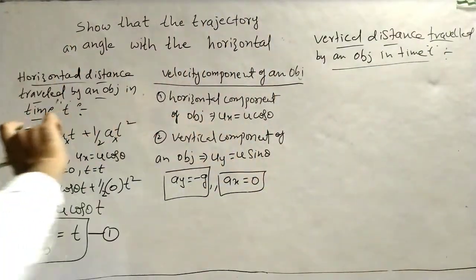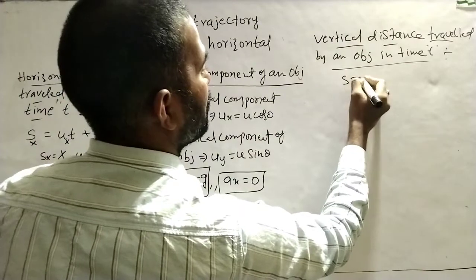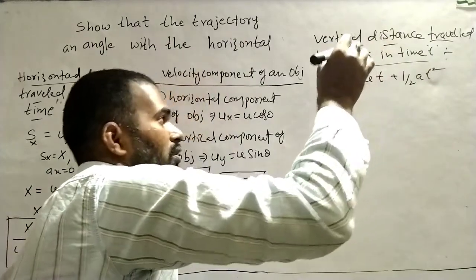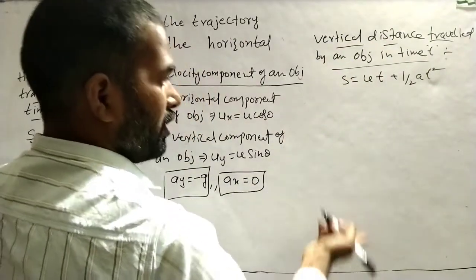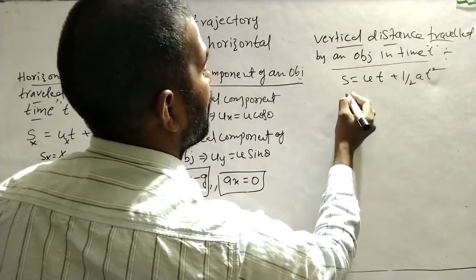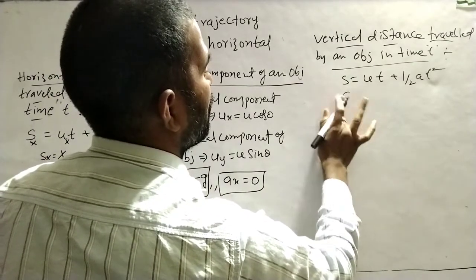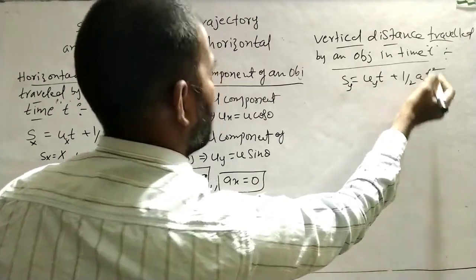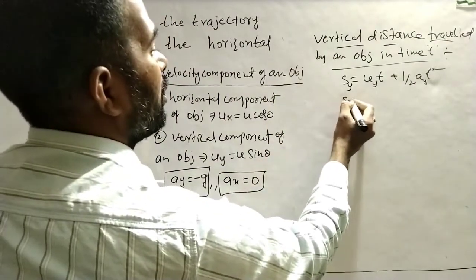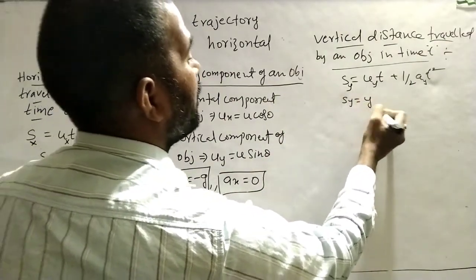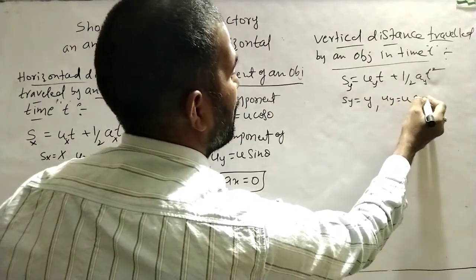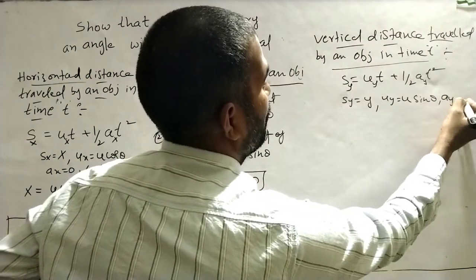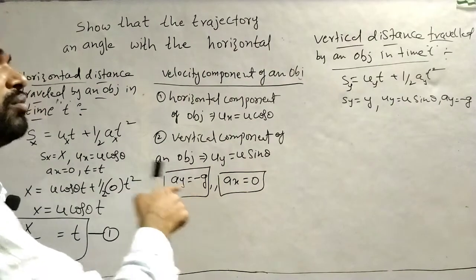The distance formula is s equal to ut plus half a t square. Vertical distance means upward, so along the y-axis we write sy, uy, ay. Sy, the distance of the object along the y-axis, will be y. Uy is u sin theta, as we have seen in the figure. Ay equal to minus g.